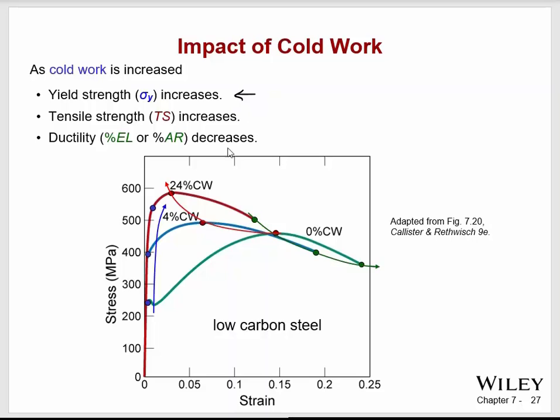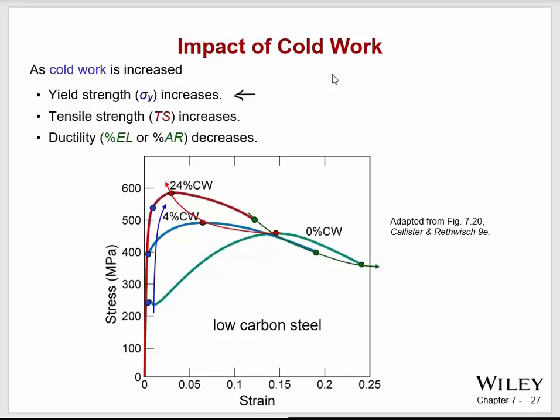So the yield strength of the material is going to increase because of what we were talking about before, how you get dislocations moving around. And as the dislocations move, that is the process of the material yielding, right? When those dislocations no longer are able to move because they get locked into place, then the strength at which that material yields increases.